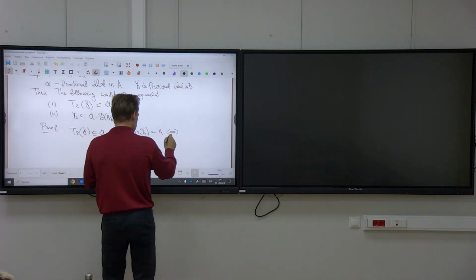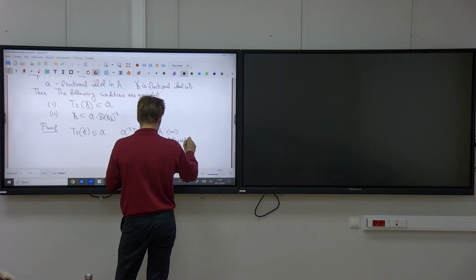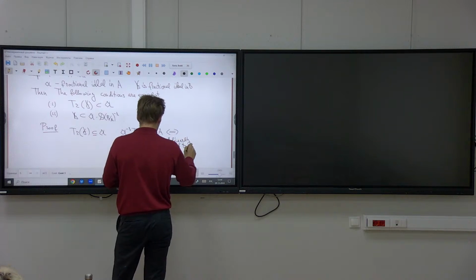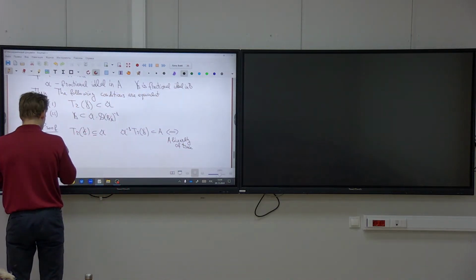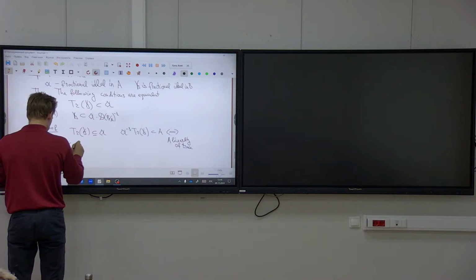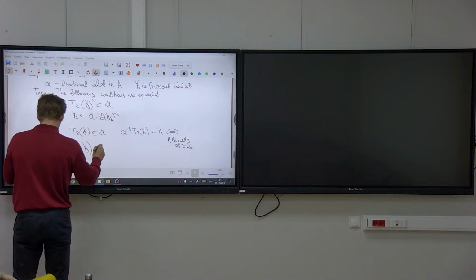So from linearity of trace, this is equivalent, this is if and only if the trace of A inverse B sits inside A.